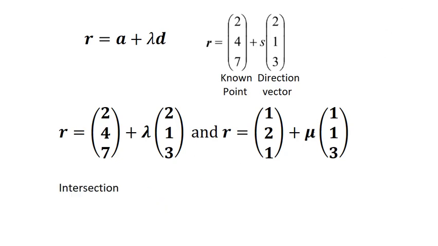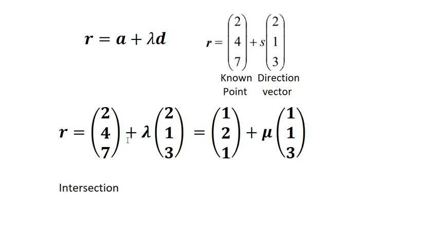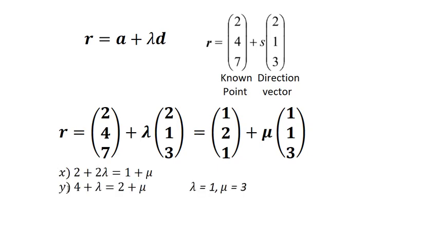Intersection of two lines. We're basically going to put them equal to each other. And then say, I need all three components to work. So I'm going to look at the top two components first. I've told the examiner what I'm doing. It also helps me think. I'm saying the x component or coordinate must be the same if these two lines are going to intersect each other.